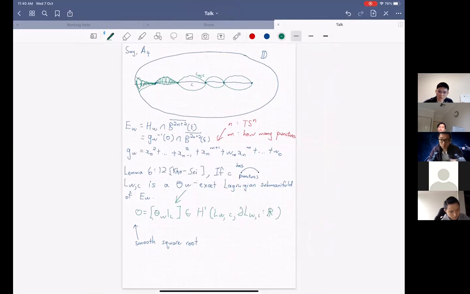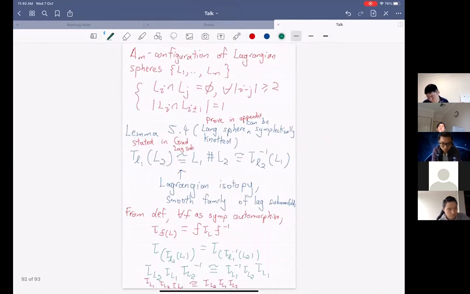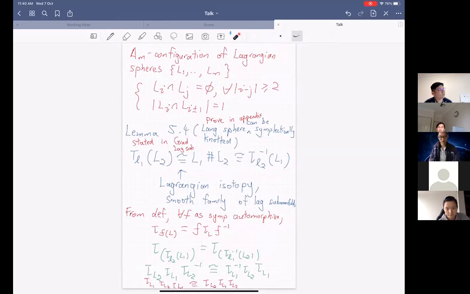Here you only look at the isotopic class, because you can identify all the Lagrangians up to isotopy. And the Dehn twists, you can only check up to Lagrangian isotopy. The Dehn twists generate a Braid group.